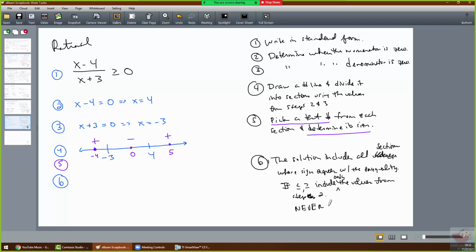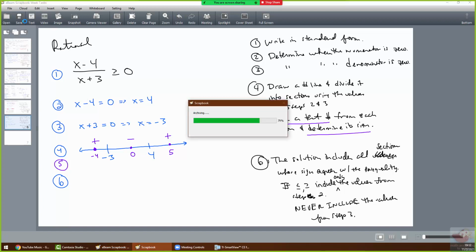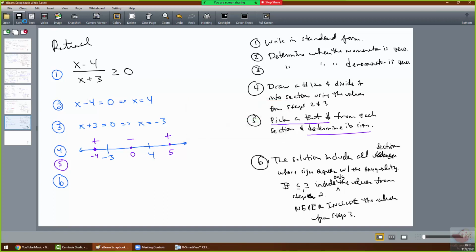Never include the values from step 3, because if you did, you'd cause division by 0, which is not good.